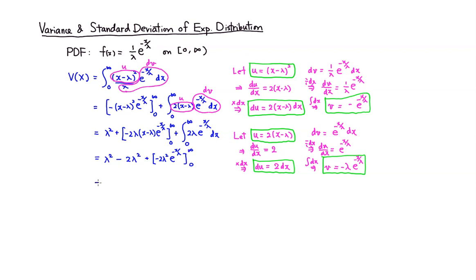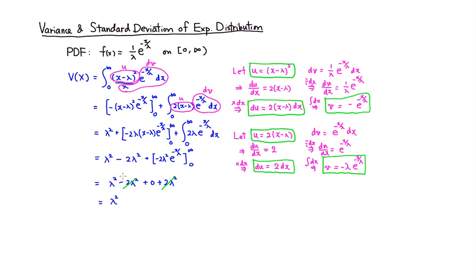So this is going to be lambda squared minus 2 lambda squared. If you plug in infinity here, it's going to go to 0, so plus 0 minus, and then there's a negative sign, so it's going to be plus. If you plug in 0, it's going to be 1, so you have 2 lambda squared. So we can cancel negative 2 lambda squared and 2 lambda squared.